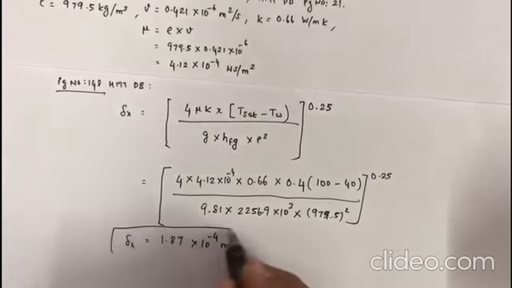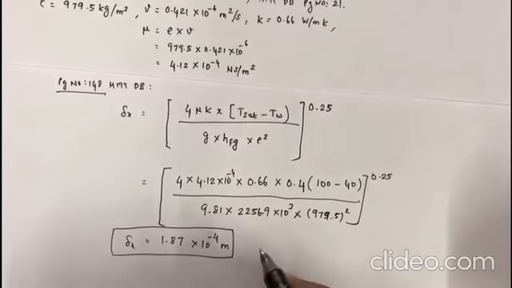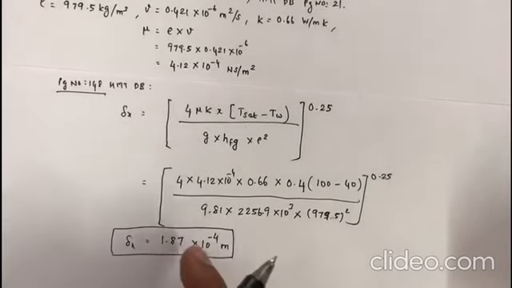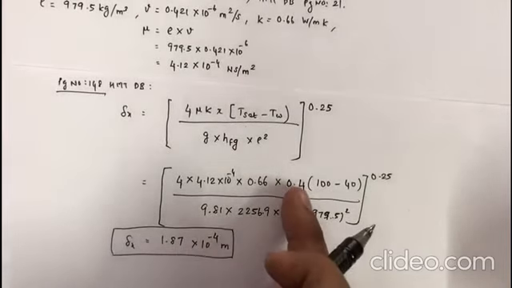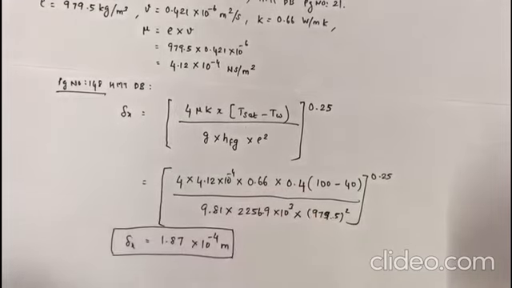So this is going to be the film thickness at the bottom of the plate of length 0.4 meters.